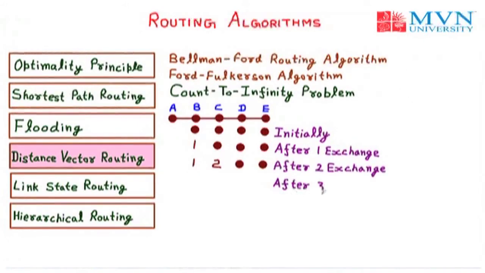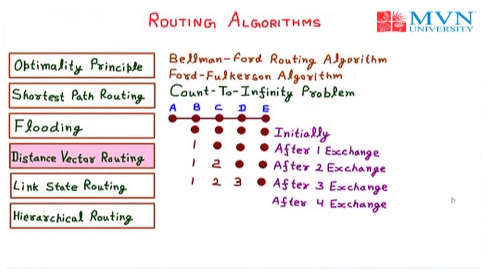In the next turn, after 3 exchanges, the data packet will pass from C to D, and before D we have 3 routers, that is A, B and C, so the value of D will be 3 and the remaining router, E, will stay blank. After 4 exchanges, the packet will pass from D to E, which means before E we have 4 routers, A, B, C, D, so the value of E becomes 4.